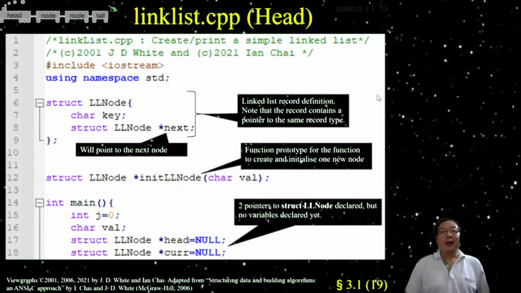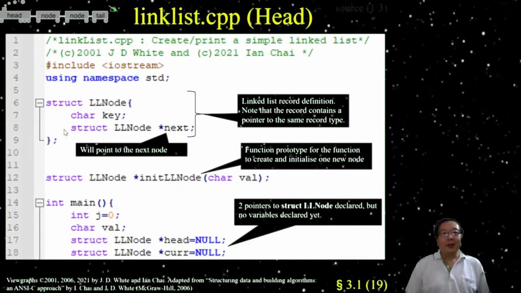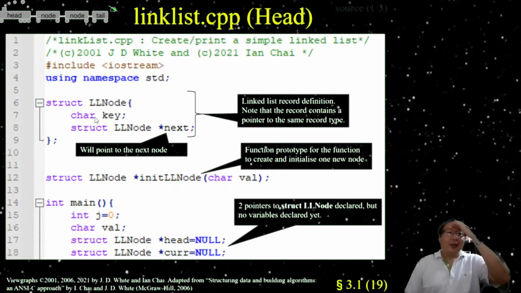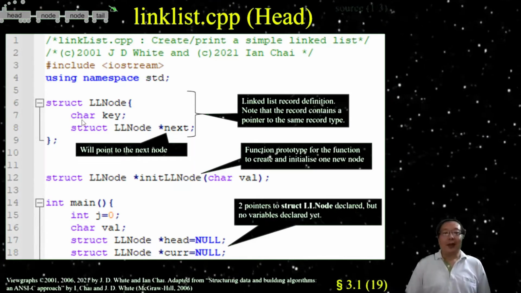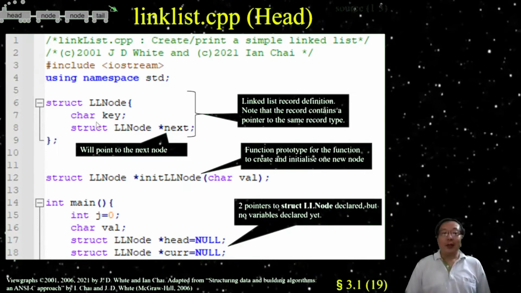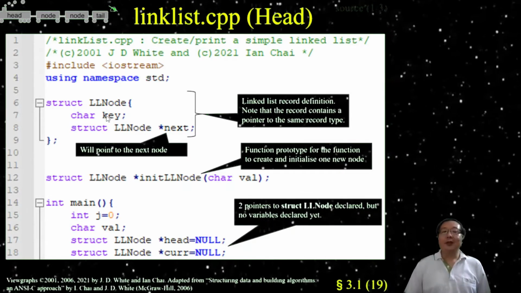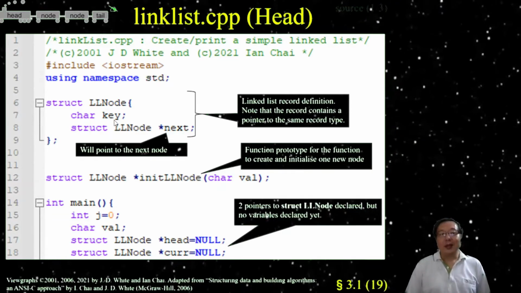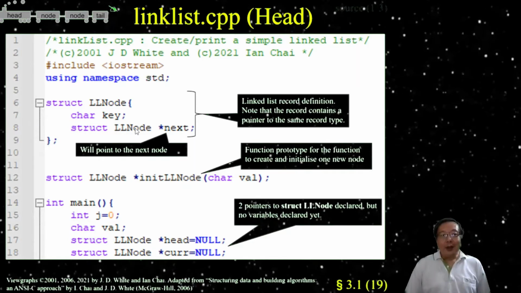Okay, so anyway, here is the code. First we have this record that defines what each node is going to look like. We put the data, we're calling it key, of type character. If you want to have more data, you just add more data here. For this one, just for simplicity, we're just going to have one data, which is the character key. The important thing here is that we have this pointer.